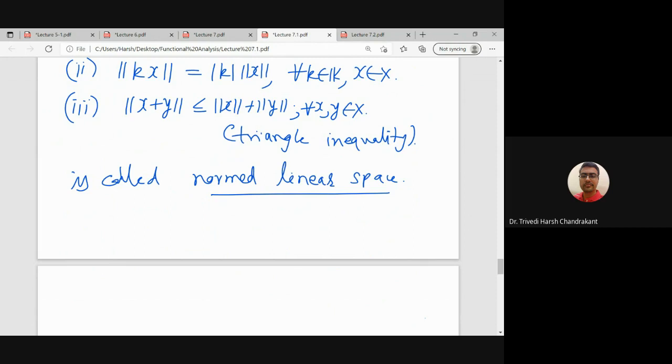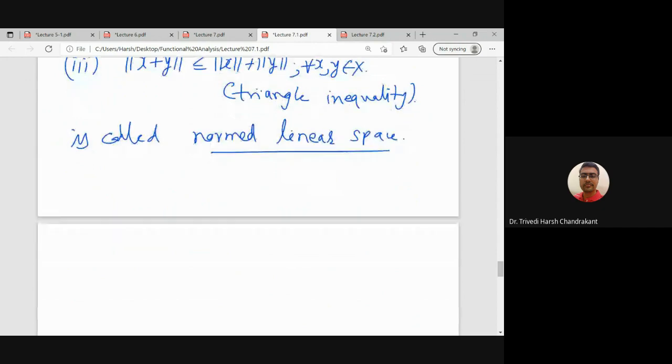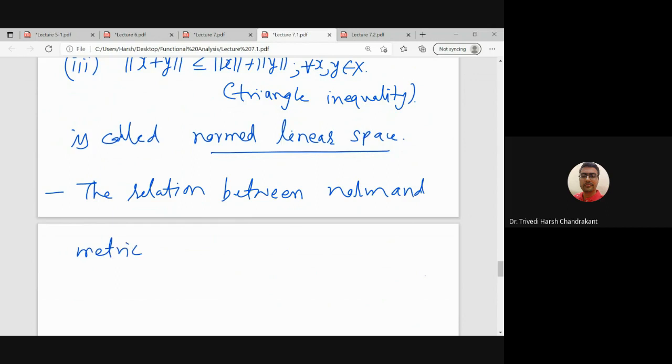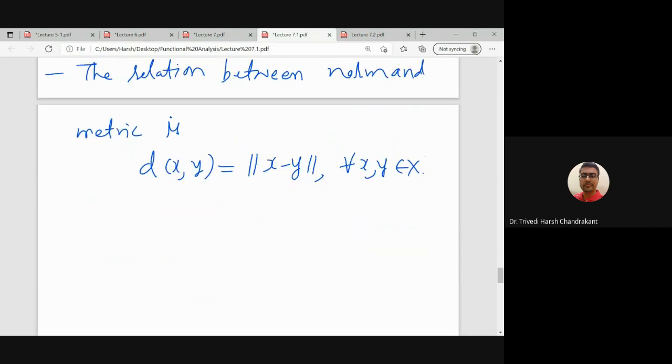So if we have a norm, we can define a metric, and the relation between norm and metric is, every time if we have a metric, we will define the norm using this relation, and if we have a norm, we will define the metric, vice versa.